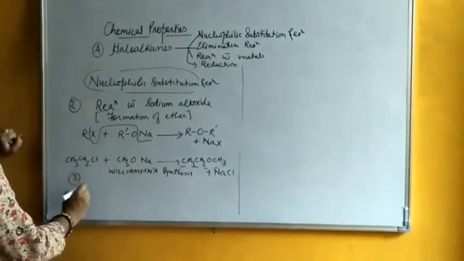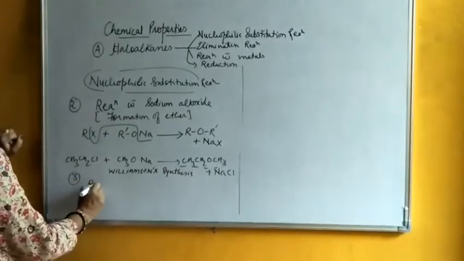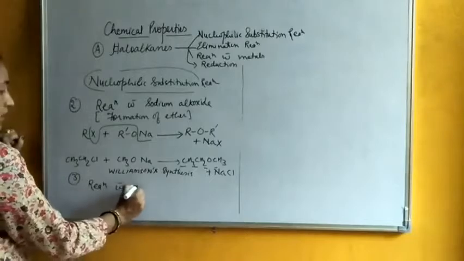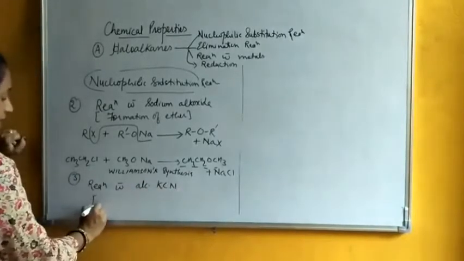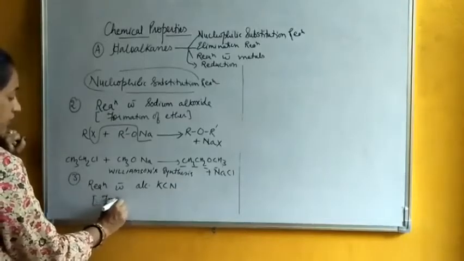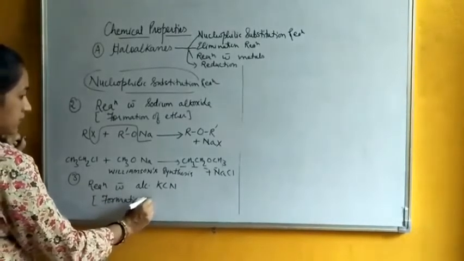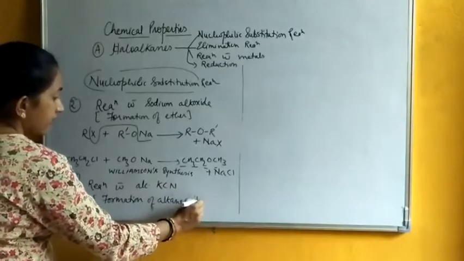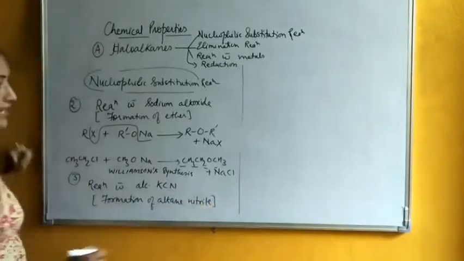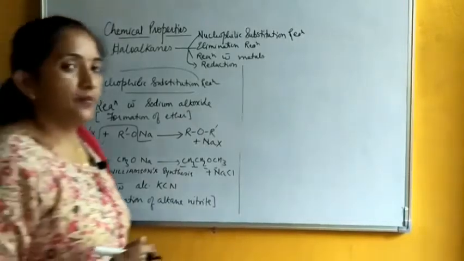Now, students, the next reaction is with alcoholic KCN, and it is the formation of alkane nitrile, which is also known as alkyl cyanide.